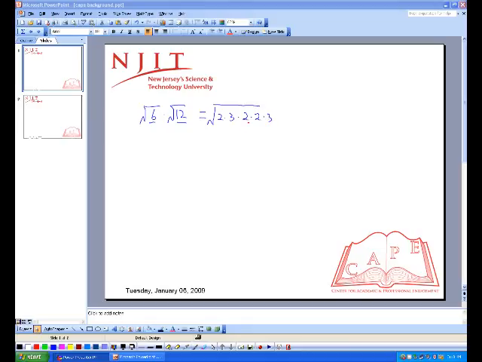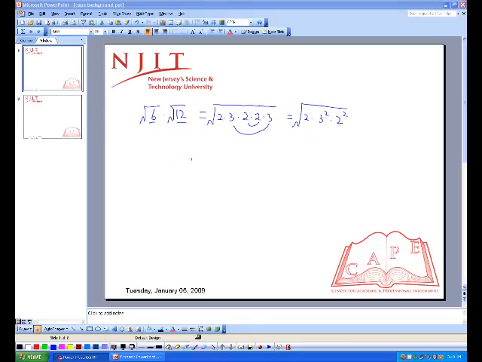So 2 times 2 times 3 is 12, okay? Now, we can pair them up. We can pair 3 with 3 and 2 with 2, and this would give us 2 times 3 squared times 2 squared, right?